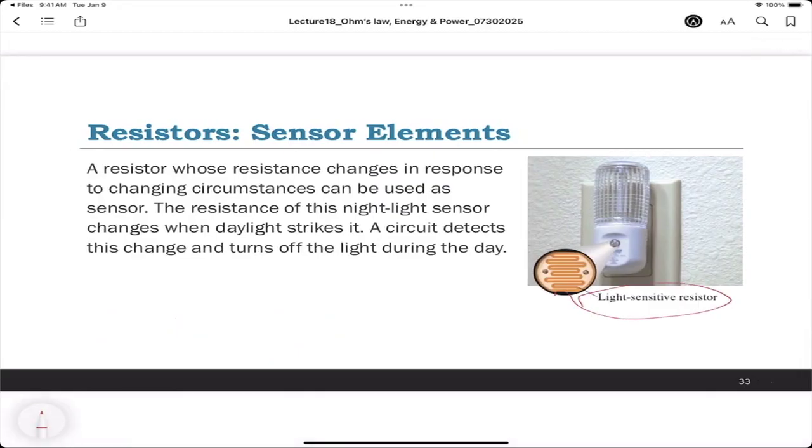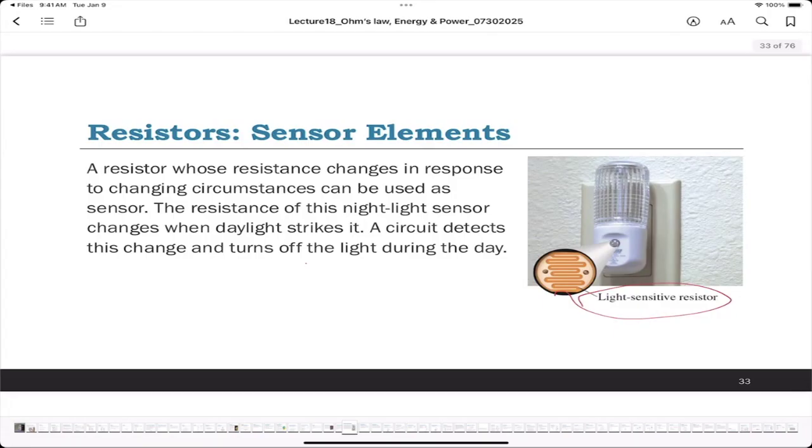The resistance of this night light sensor changes when daylight strikes it. A circuit detects this change and turns off the light during the day. If it is dark, the circuit also detects the change and turns on the light during the night. That makes sense to you? Okay.